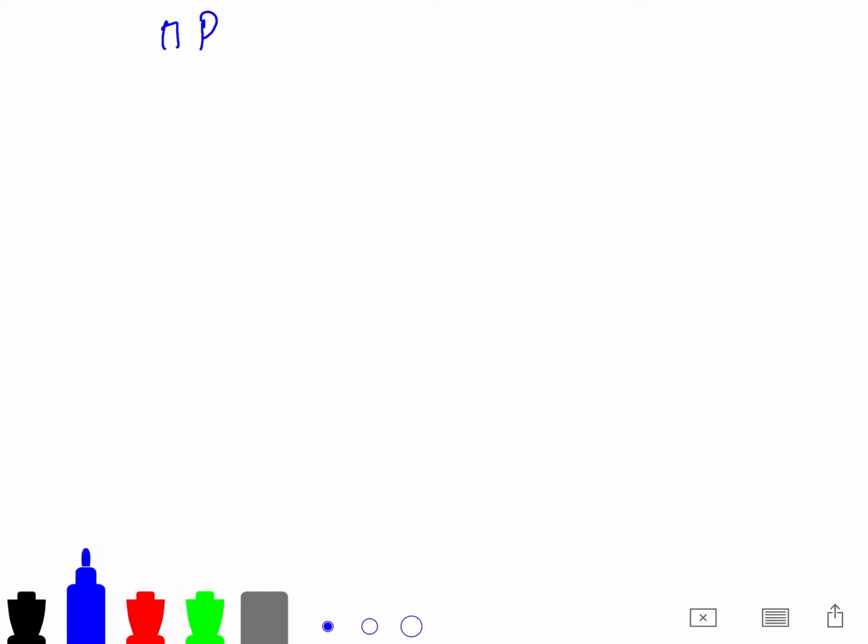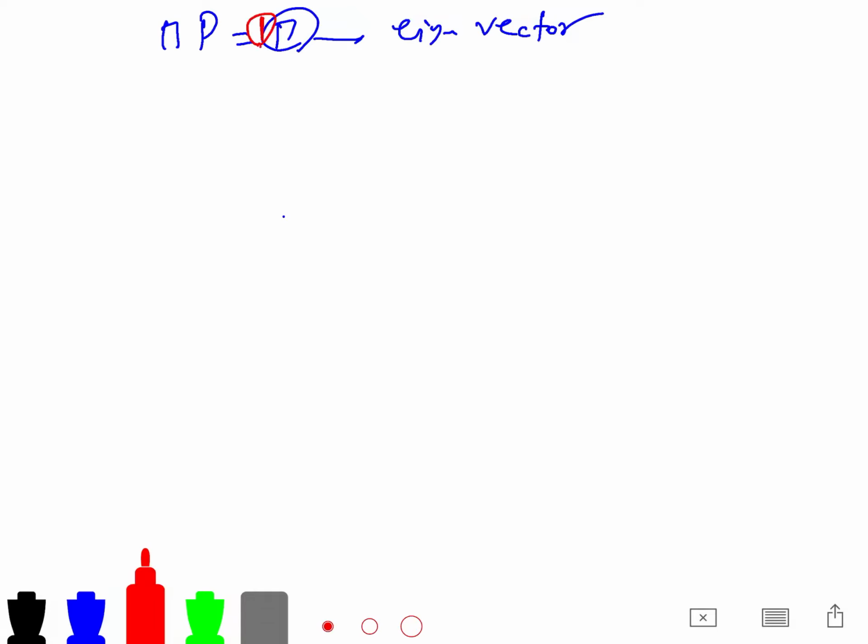And the observation is that pi P is equal to pi. So think of it as an eigenvector. We talked about eigenvectors and eigenvalues of the Laplacian, where lambda equal to 0 was the lowest eigenvalue. Now your eigenvalue is 1. There is a scalar 1 hidden here. So lambda is 1, an eigenvalue 1 with eigenvector pi.